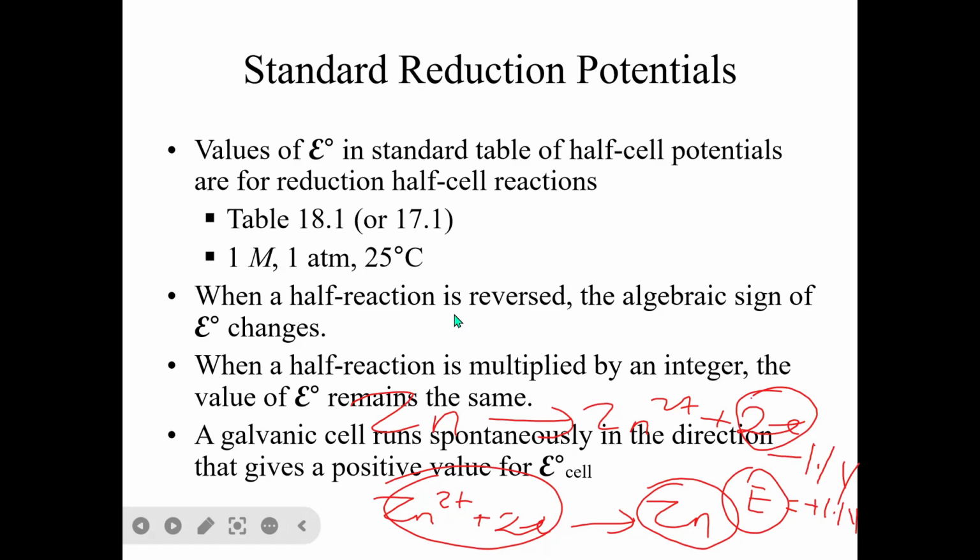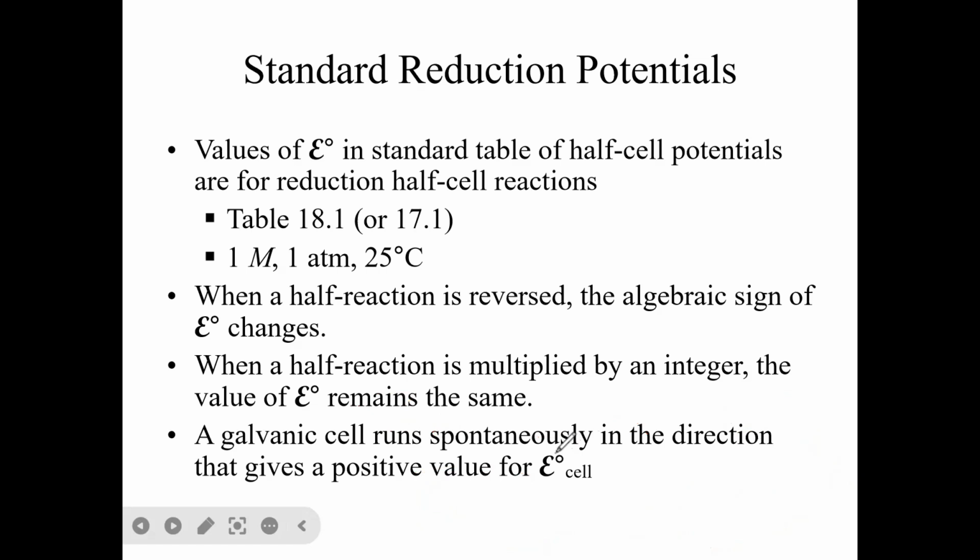In that case, when a half cell is multiplied by an integer, the value of the standard electrode potential will remain the same. You are not multiplying it, it will remain the same. And then of course, the galvanic cell runs spontaneously in the direction that gives a positive value for the standard electrode potential.